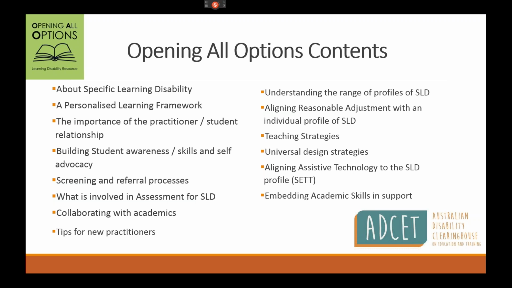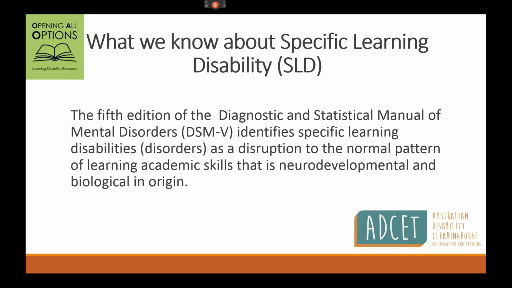Jo has a particular bent on universal design strategies, which is critically important to including all students with disabilities, but creating an environment for students with SLD to not be on the fringe, to be genuinely included and participating in their learning. And lastly, we included academic skills support, which wasn't a component of the last Opening All Options, and that's a critical factor that Jo can talk more to because it came through her research with students. So Jo, what do we know about specific learning disability?